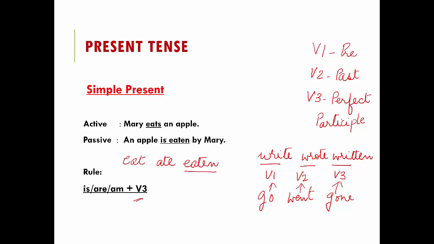Now, why did I use is here? That is again dependent upon the subject. The subject here is singular, and therefore I'm sure you must have once again done your subject verb concord, which tells you that with singular subject is is used, and therefore in passive voice it is an apple is eaten by Mary. Once again I'm repeating the rule for you. When you're changing a sentence from active to passive where the verb is simple present, you have to use the rule is, are, or am plus V3.